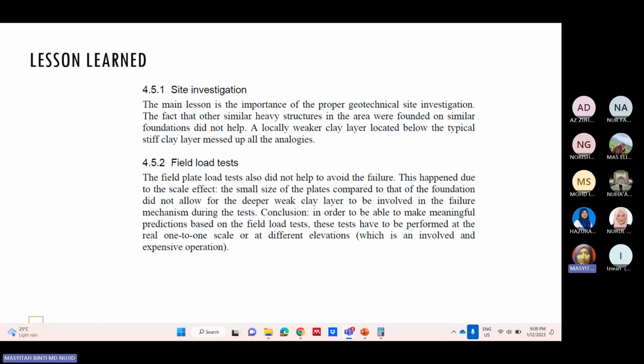Kalau footing kita lagi besar daripada plate size tu, so you may expect what should be predicted daripada plate result dengan yang you nak cari sebenarnya. So dalam kes ni itulah berlaku. Limitation of the plate size tu, dia bagi prediction sehingga first layer saja. Dia tak predict sampai the weak layer ataupun dekat second layer yang mana strength dia 31 kPa saja. Itu salah satu causes to the problem lah.